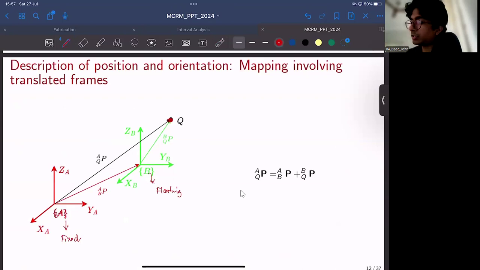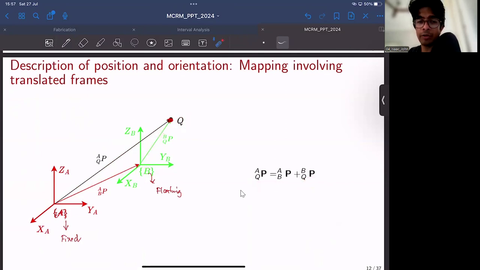If you consider this vector addition, the position of point Q with respect to frame A is simply the position of frame B with respect to A plus the position of point Q with respect to frame B, which is given by this vector addition.